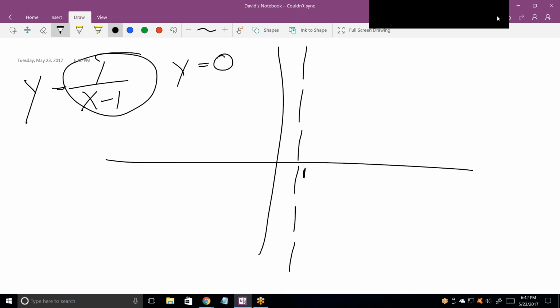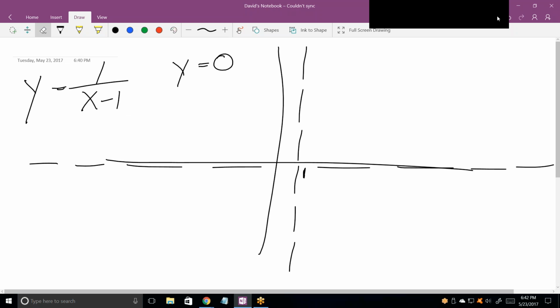If this thing goes to 0 as x goes to infinity, which it does, then you must have a horizontal asymptote at y equals 0. But the reason you have it is because the denominator is a higher degree than the numerator. There is no x in the numerator. That automatically makes the bottom the higher degree.